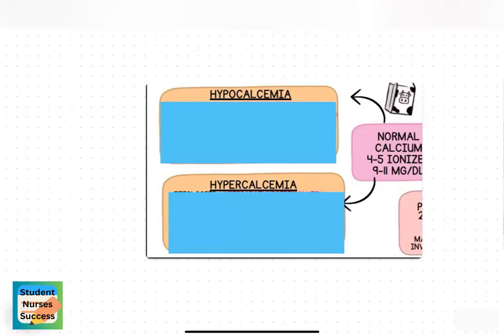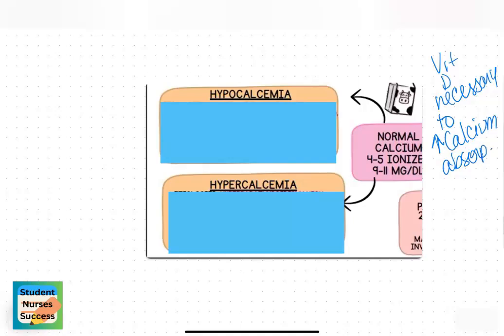Vitamin D is also very important as vitamin D increases the absorption of calcium from the intestines. Your kidneys convert vitamin D, so your kidneys play a role in calcium.